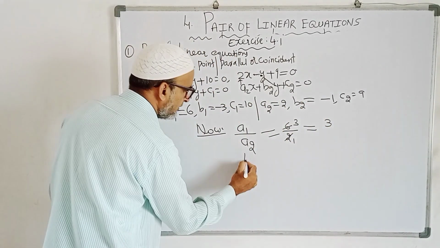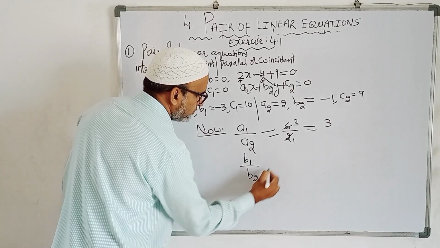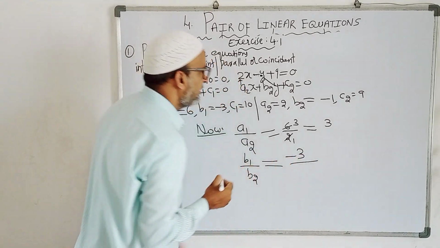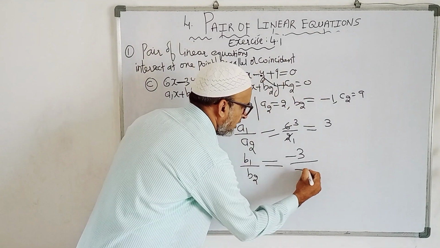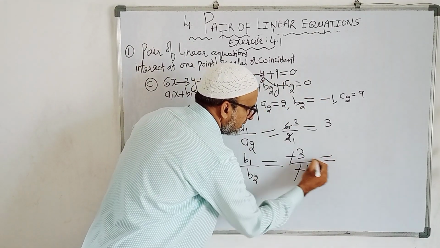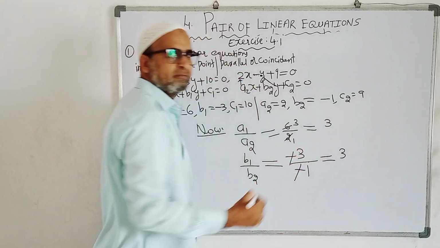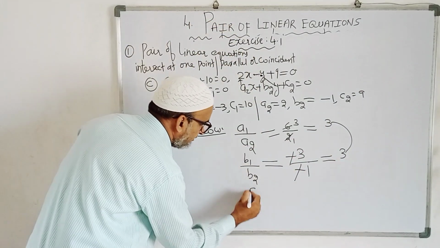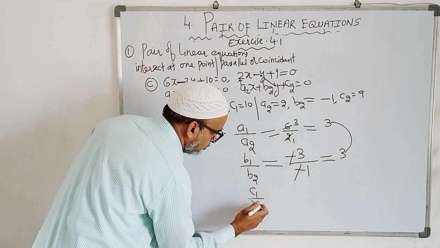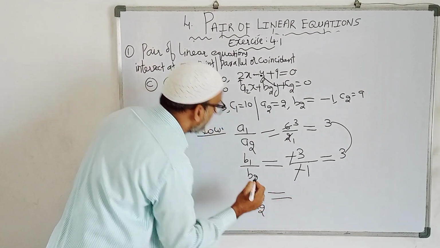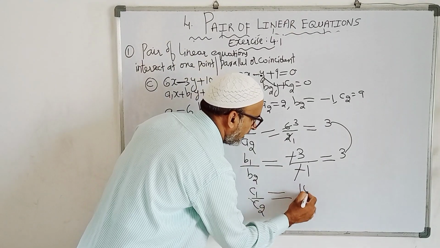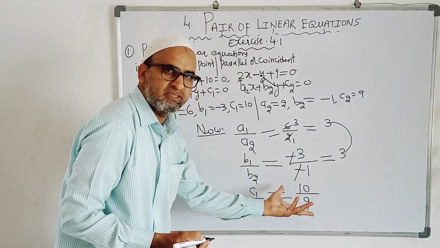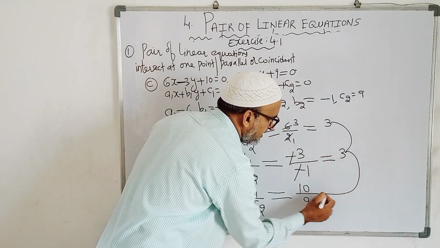Next is B1 by B2, which is B1 minus 3 by B2 minus 1. Minus cancels. 3 by 1 means 3. They are the same. Go for the third value. C1 by C2 is equal to C1 10 by C2 9. Further simplification? No.